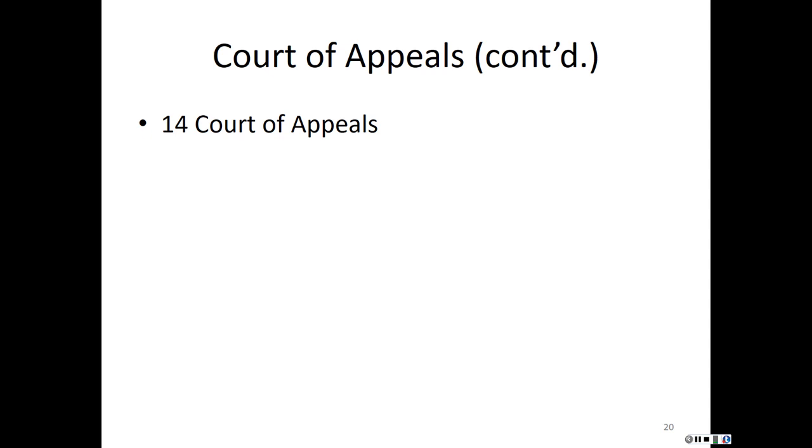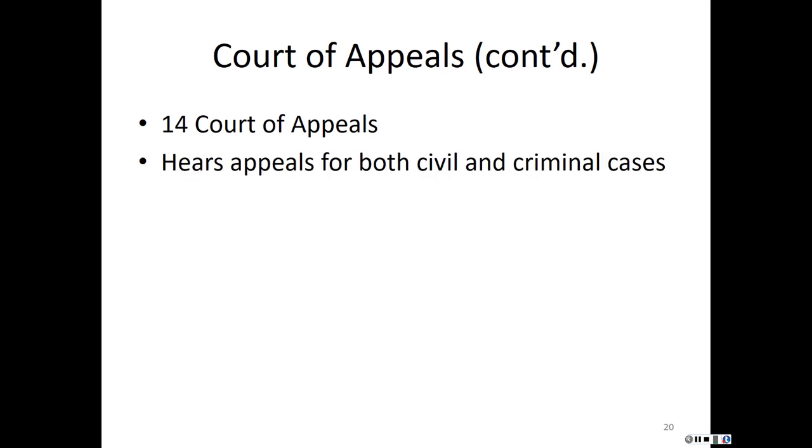These courts of appeals have jurisdiction over certain physical locations. So if a case happens in Dallas, they have to appeal the case to the court that oversees Dallas. They couldn't appeal it to a court in Houston or anywhere else. They hear appeals for both civil and criminal cases.